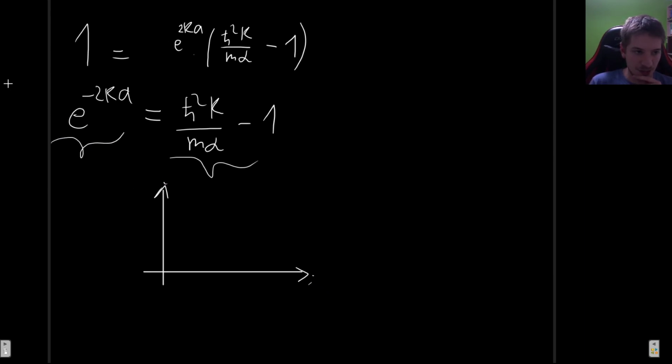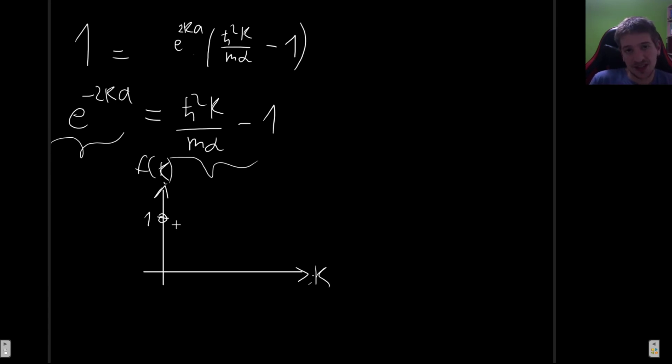We have to graph this for k. This is f of k and this is k. So when k is 0, oh, actually k can't really be 0 because k is determined by the energy, and the energy can't really be 0. But if k goes really close to 0, then this exponential will get really close to 1. So it's going to start somewhere over here.